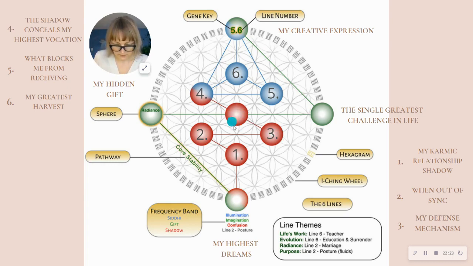Here, this one is called, let's see. Oh, I don't know what this is called. It just says SQ. But the point of this one is, when you want to go from here to here, this one is radiance, you need to go through that shadow. And this one is realization.